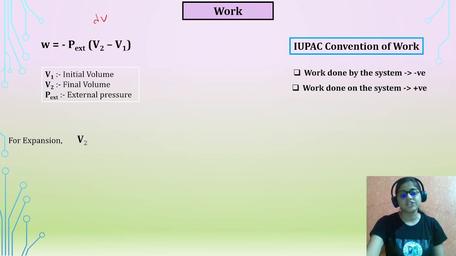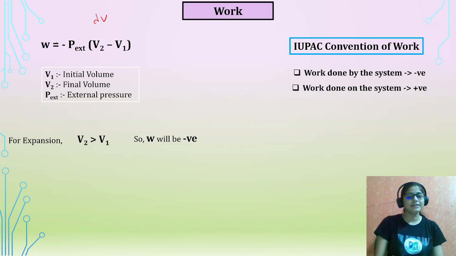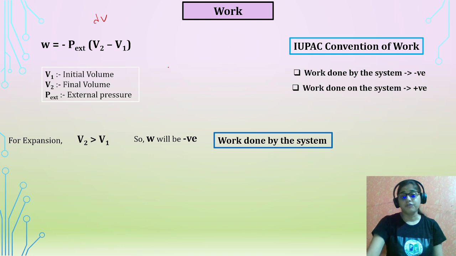Now for expansion, V2 is greater than V1. Then W will be negative because the negative sign is there. When V2 is greater, this term will be positive, and here it is negative, so overall it will be negative. So it is work done by the system.